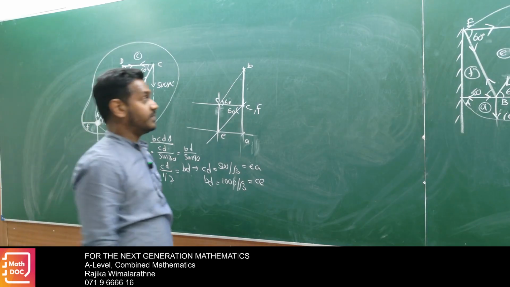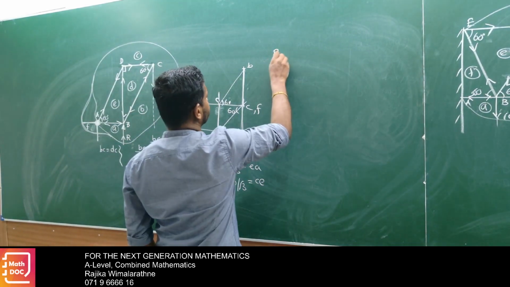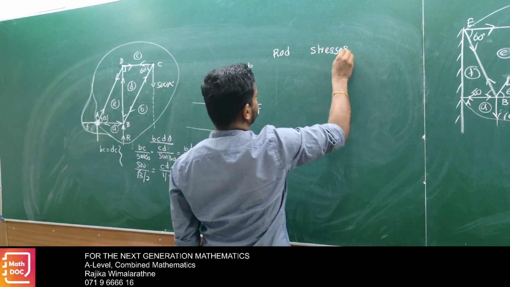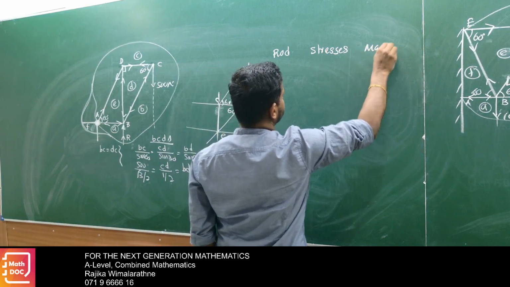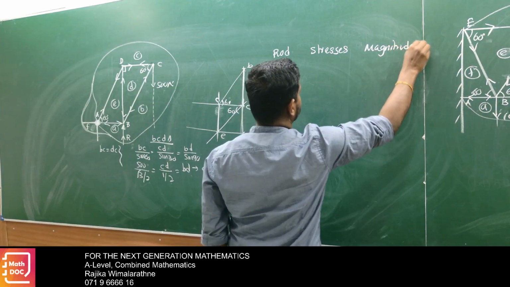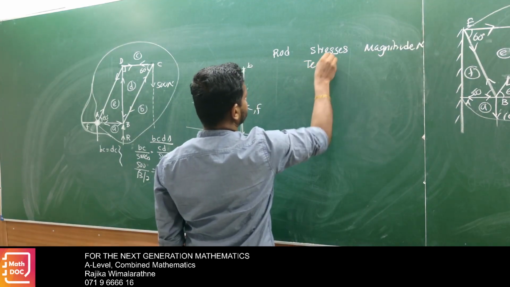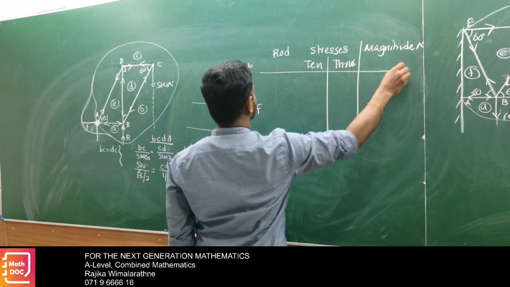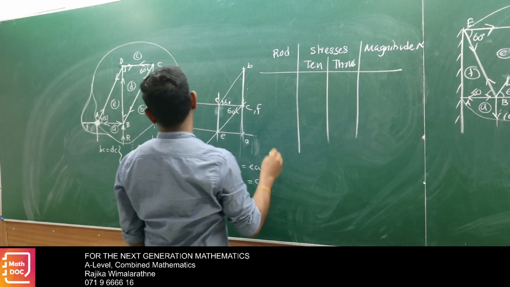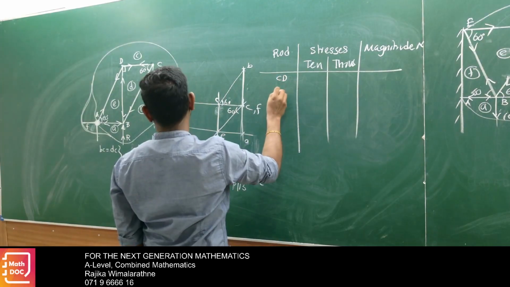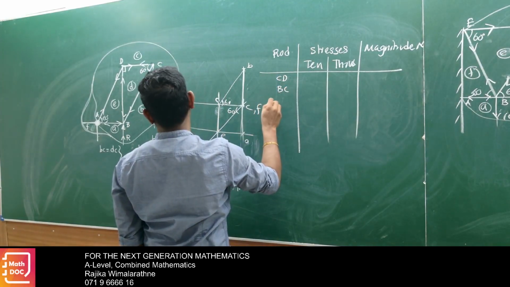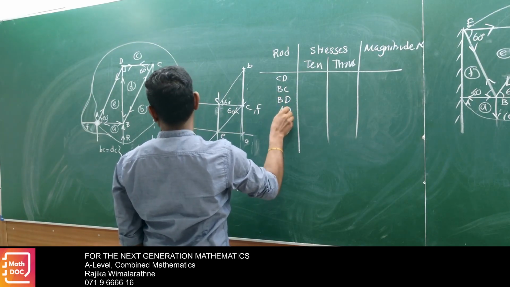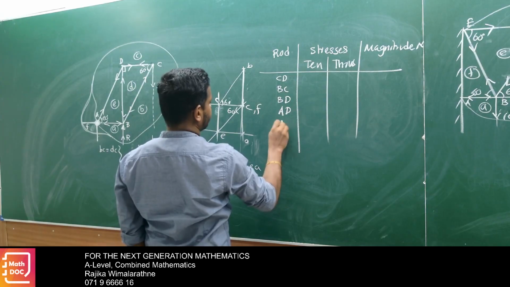Finally, you update the table. Rod, stresses, magnitude in newtons, tension or thrust. The rods are CD, BC, BD, AD, AB.